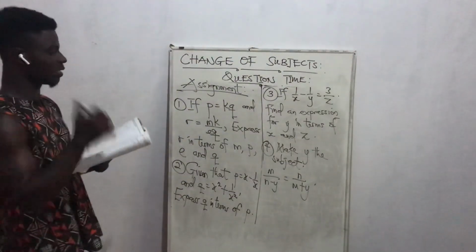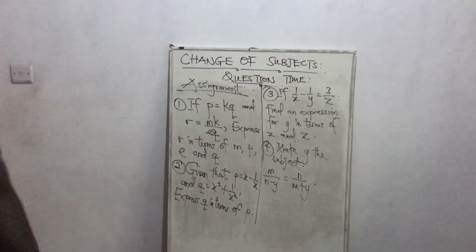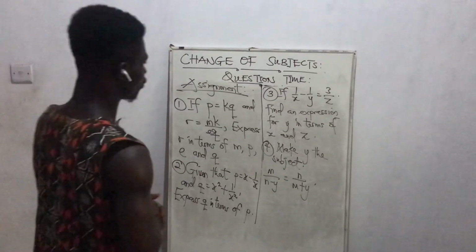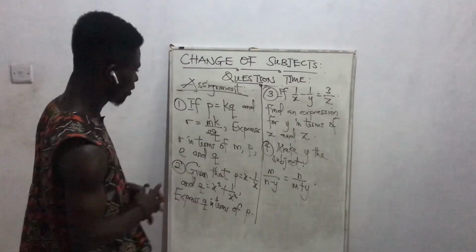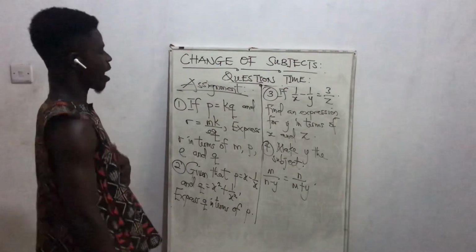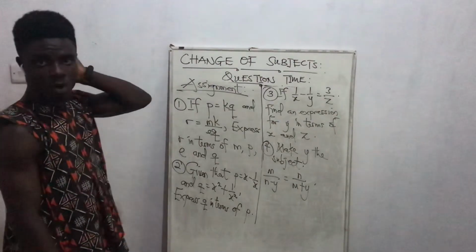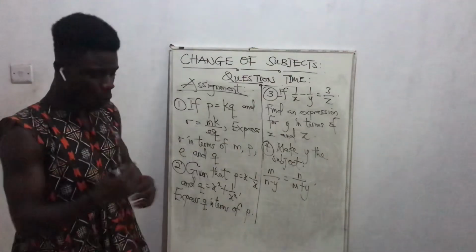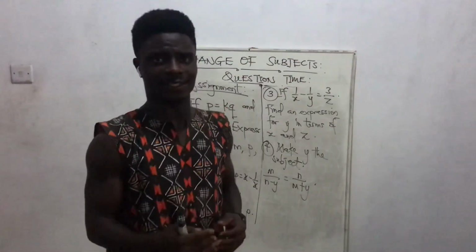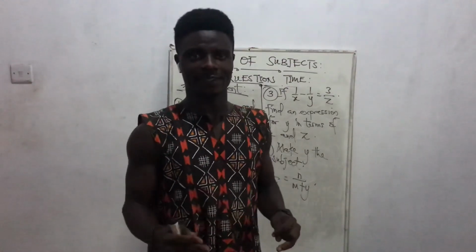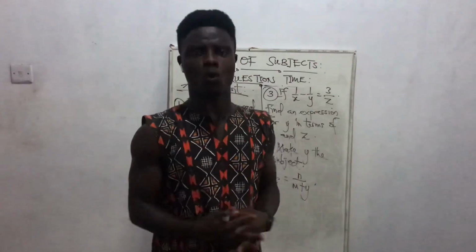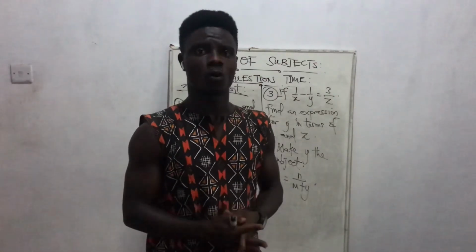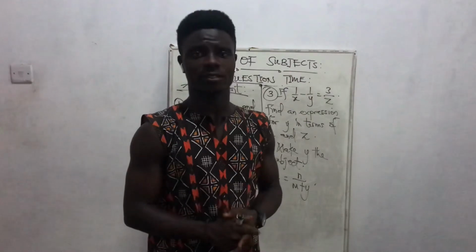So that's the homework, your assignment to try. So please do well to try them. It will help you. Then solve more questions to understand more of the change of subject.